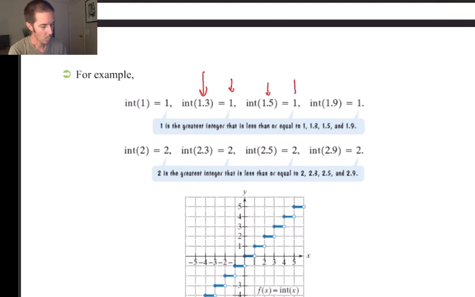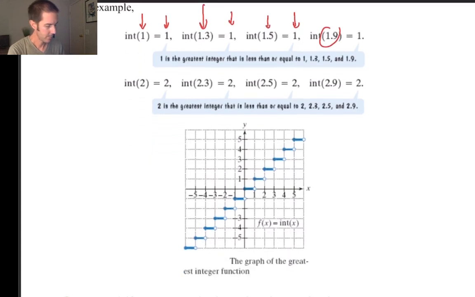And the answer is 1. Same thing for 1.9. What's the greatest integer that's less than or equal to 1? Well, oops, I put that arrow in the wrong place. Greatest integer less than or equal to 1. Well, you're already there, as it turns out. 1 is less than or equal to 1, and it's an integer. Super.